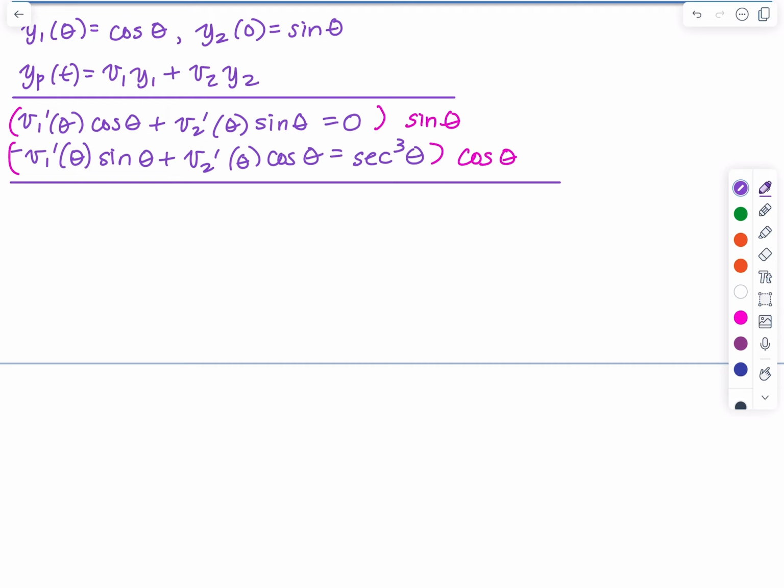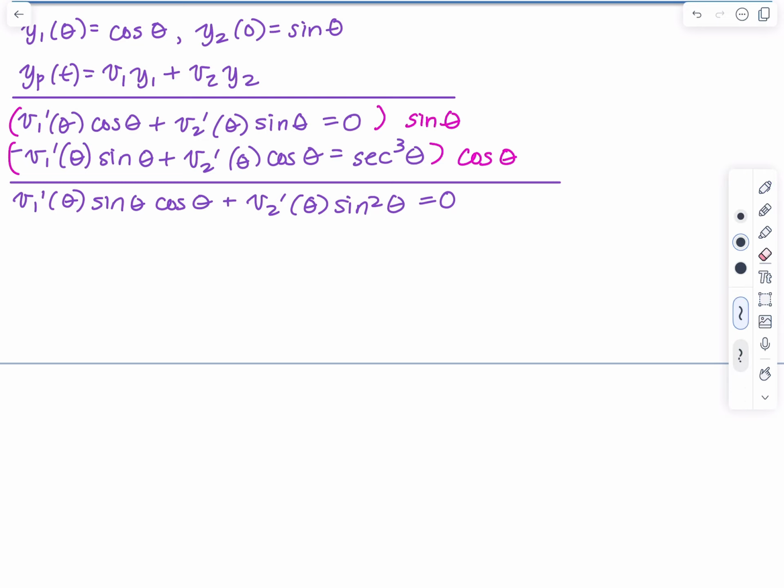So let's see what we have here. We have v1 prime of theta sine theta cosine theta plus v2 prime theta sine squared is equal to 0. And then we have the opposite of v1 prime of theta sine theta cosine theta.